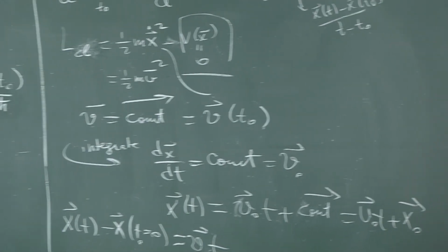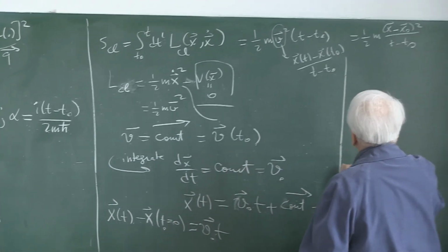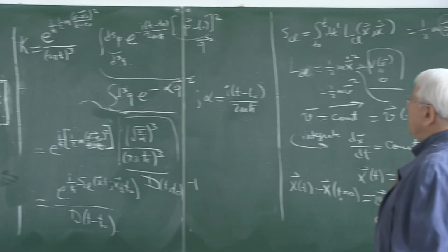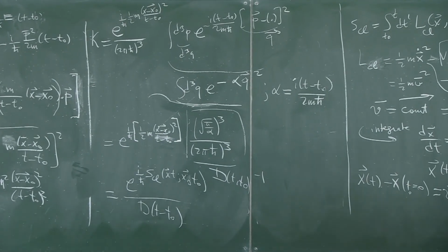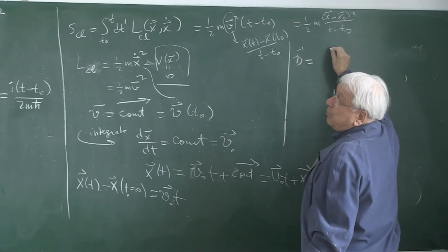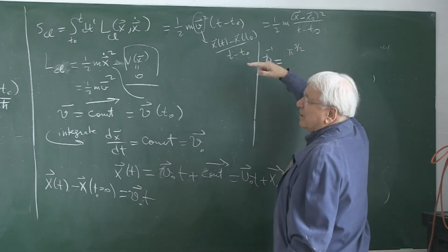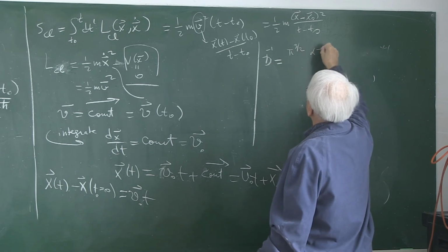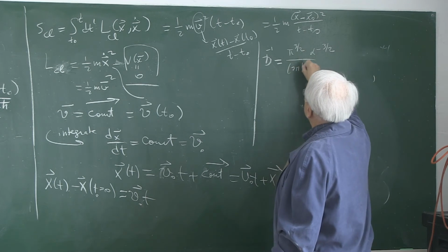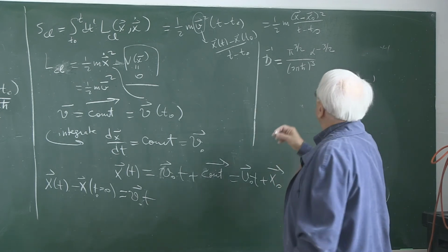And what is the D? Let me finish the computation of D. I write the D in the denominator, therefore it must be D to the minus, the inverse is pi to the 3/2 up there, alpha to the minus 3/2 there, and 2 pi h bar cubed. The important factor is alpha.